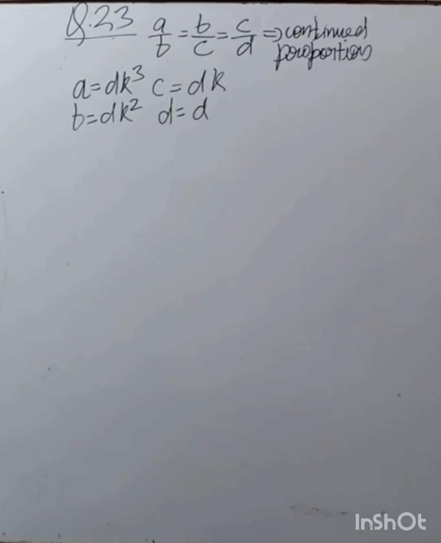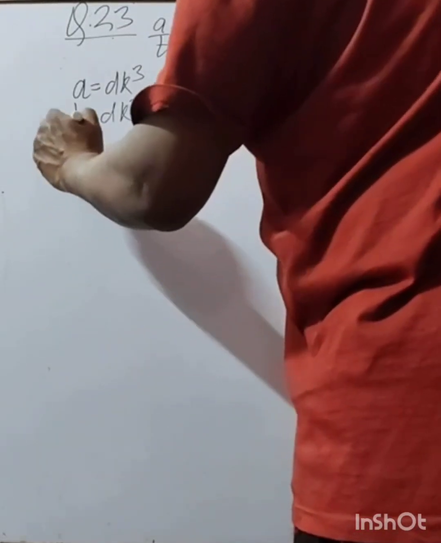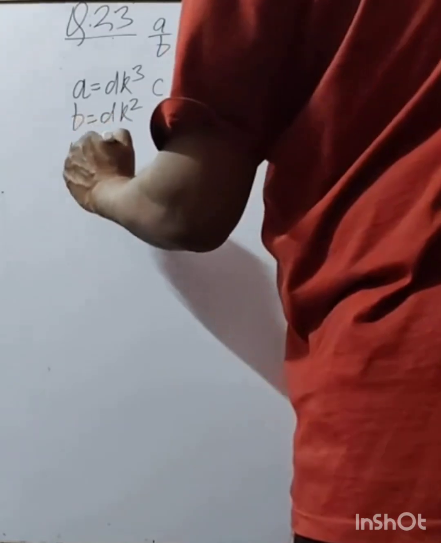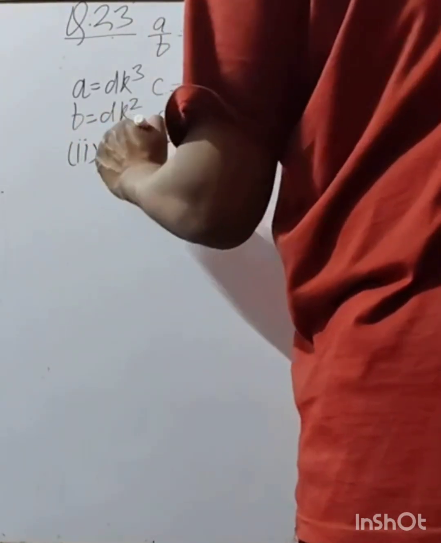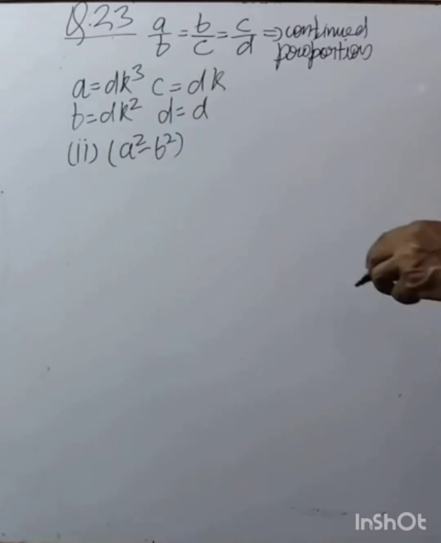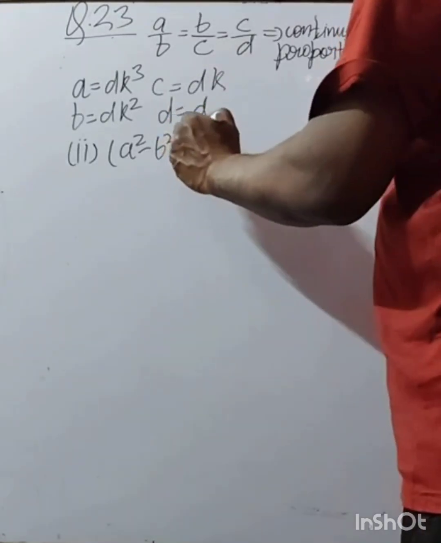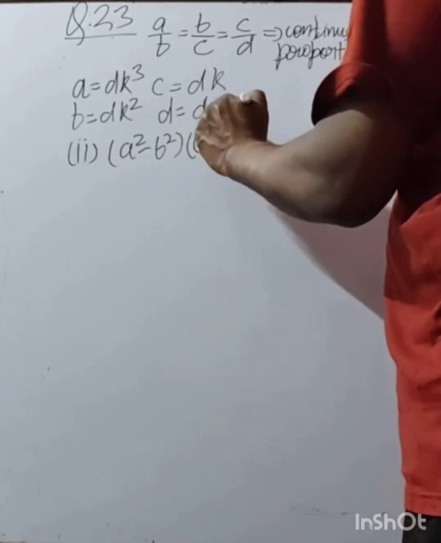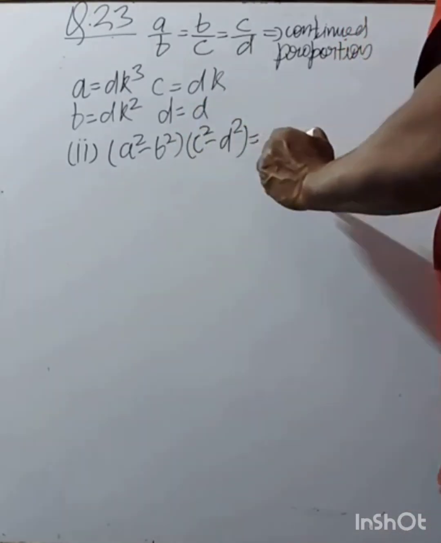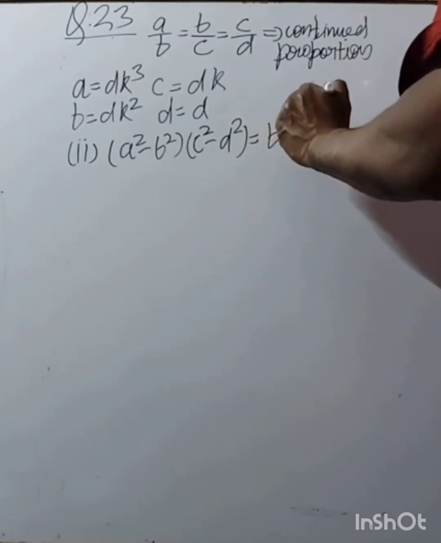A square minus B square, part 2. A square minus B square upon C square minus D square is equal to B square minus C square upon C square minus D square... is equal to B square minus C square.